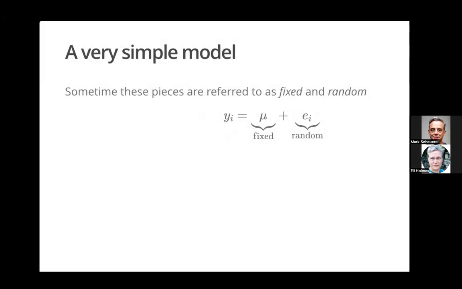Sometimes in the literature, you will see these referred to as fixed and random. That's not always the same notion, but in general, this is one way to think about this, where this random effect is something that's typically drawn from a distribution. Fixed effects are typically assumed to be unknown, but they exist as an object itself, not drawn from some larger distribution.